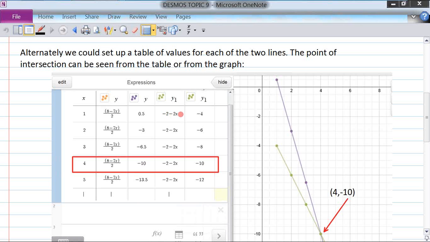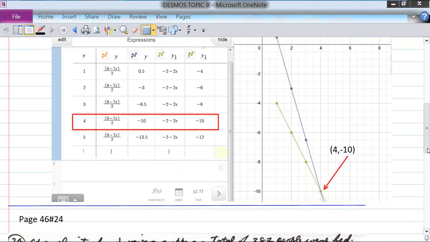Minus 2 and minus 2 is minus 4 when x is minus 1, and that gets plotted over here. So the two lines get plotted, and then you just look for the intersection, which is at x equal to 4, y equal to minus 10. You can see where x equals 4, the y and the y1 are both minus 10.